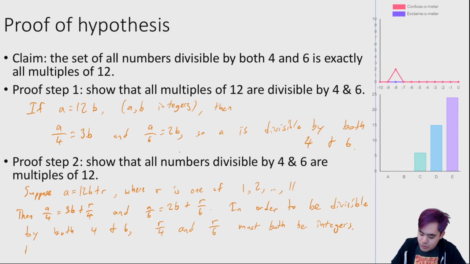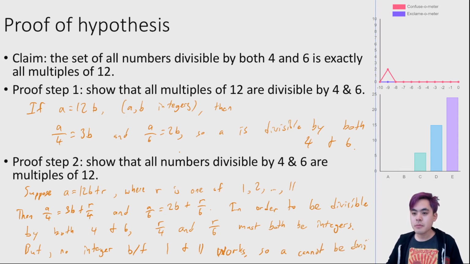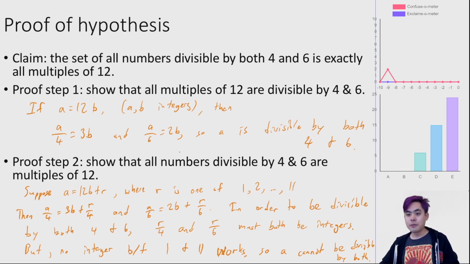No integer between 1 and 11 works. So a cannot be divisible by both. Sorry, I ran a bit out of space there. But with this proof, you can show that the set of numbers divisible by both 4 and 6 is exactly all multiples of 12.